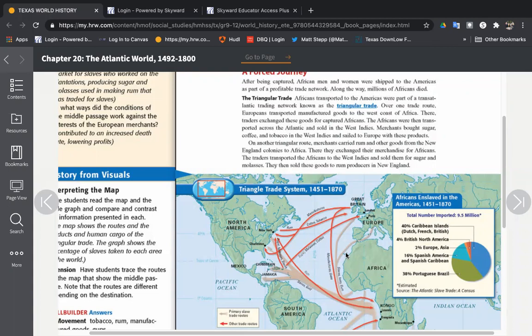This will vastly change the population of the Americas, especially the Caribbean. Over 40% of the people from the Caribbean were going to end up being people that the Dutch, French, and British brought over from Africa.